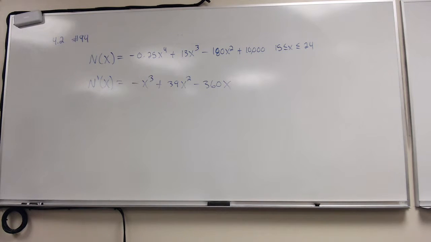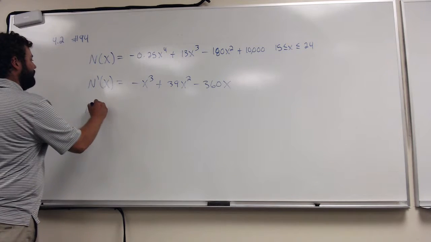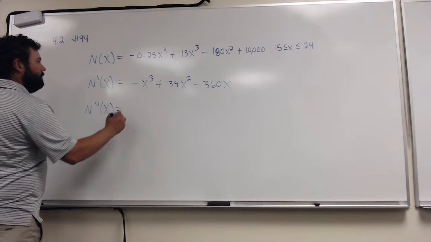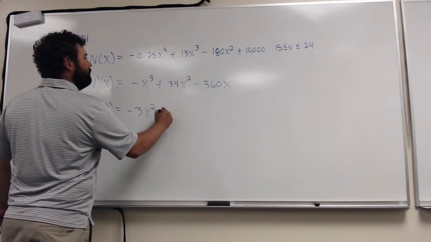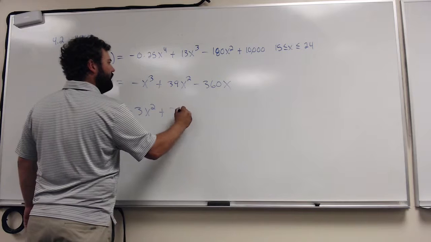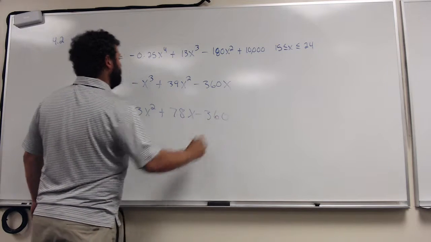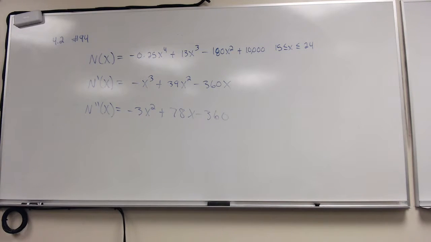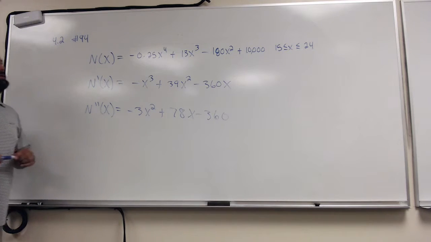Okay. And then you're going to have to take a second derivative. You'll get negative 3x squared plus 78x minus 360. I believe that is correct. Okay. So again, x is the amount of money spent in advertising in thousands.